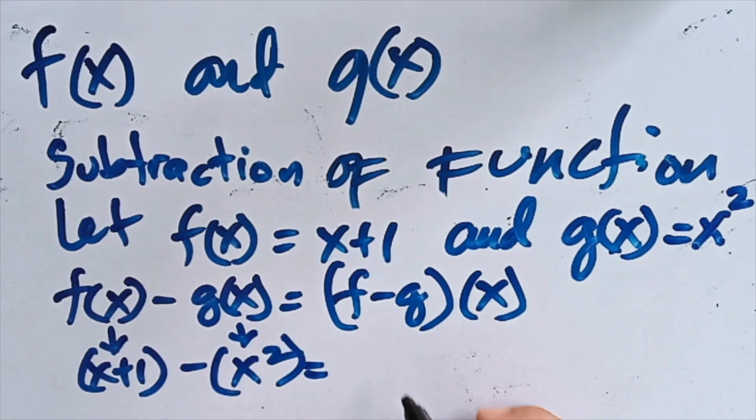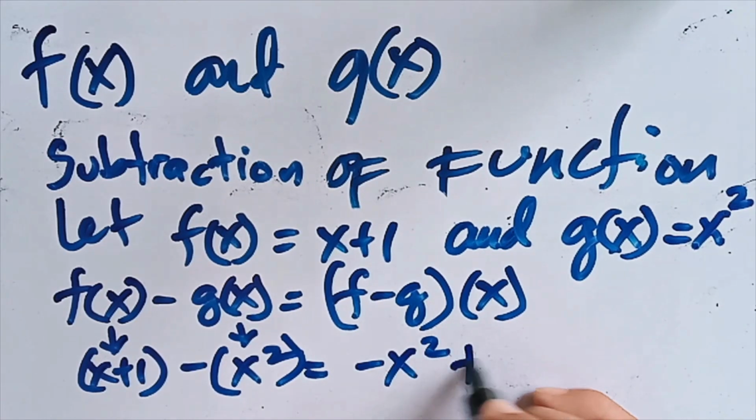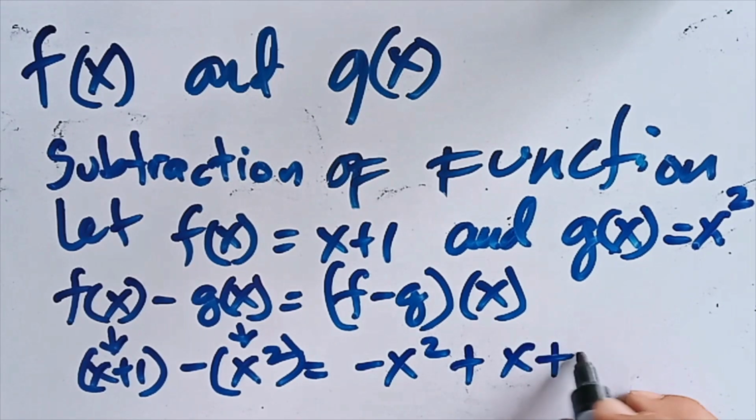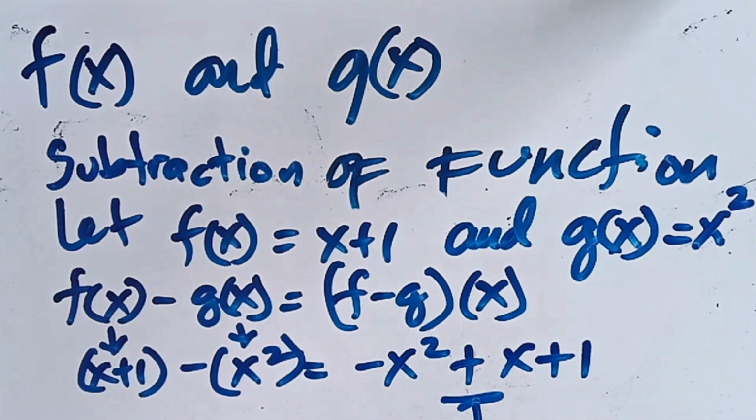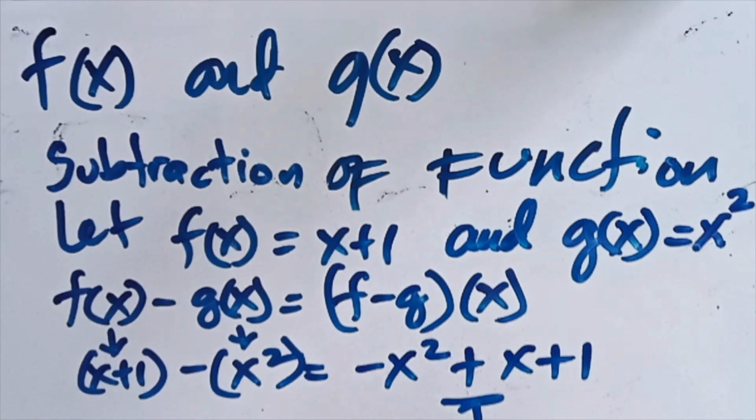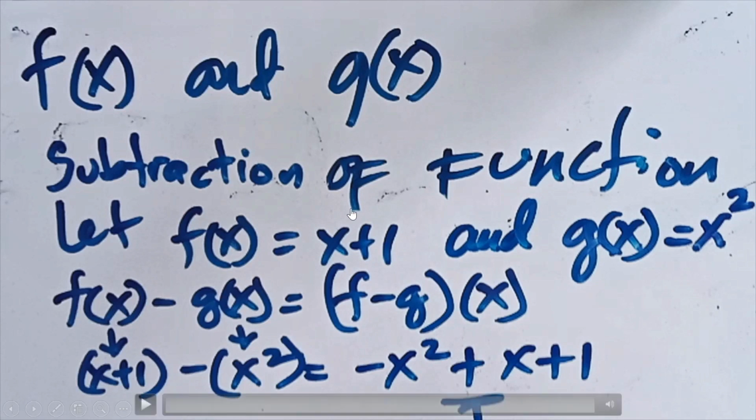Then proceed to subtraction. That will give you x plus 1 minus x squared. Arrange it according to the highest degree. So negative x squared must be the first term, followed by x to the 1 as the second term, plus 1 as the third term. That's the value of the subtraction of functions.